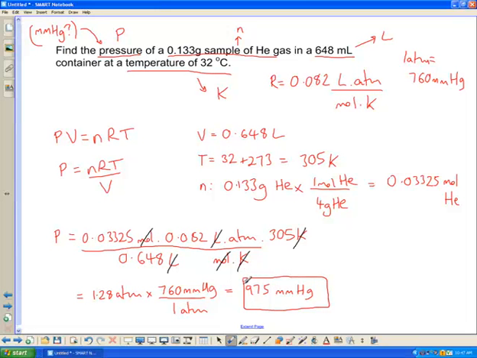That is the answer. That's how we use the ideal gas equation, the ideal gas law. We solve for what we want, we convert whatever units to the standard units we need, and then we find what we need. Alright, thank you.